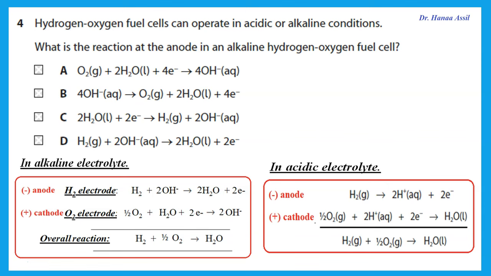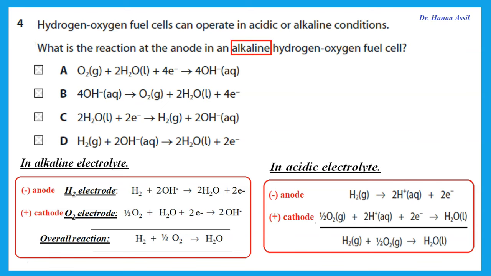So for the alkaline electrolyte, the oxygen changes into OH minus, but for the acidic, the oxygen changes into H2O. So the question is, what is the reaction at the anode? So the anode, that's the negative electrode, in alkaline, so this would be the correct choice.